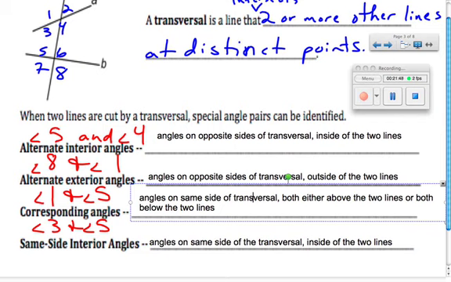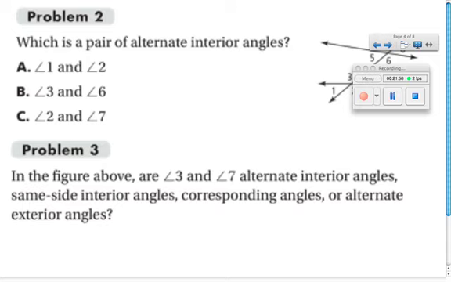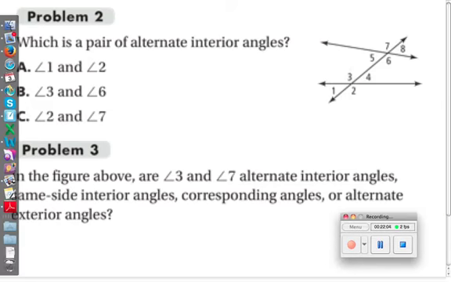Okay. Let's move on to identifying them. Do we have from this screen what we need? I know there was a lot here. In problem 2, I'm being asked to identify which angles are alternate interior angles out of this diagram. Don't call it out, take a moment. I know some of you see things very, very quickly, and I love that.